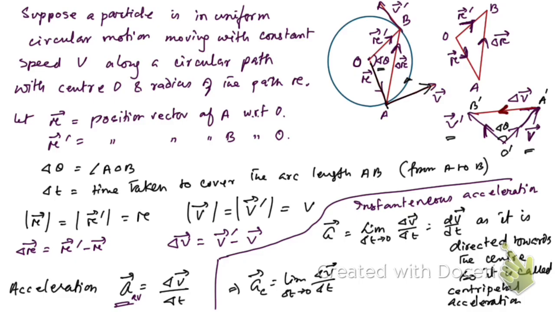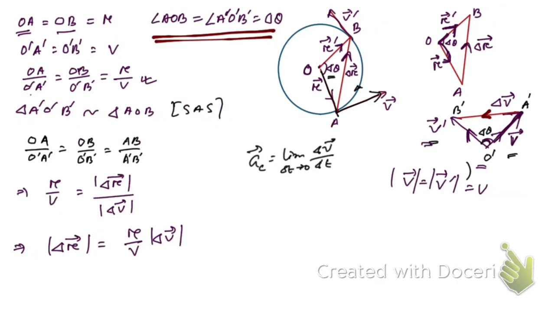Now let me copy this expression and let me go to the next slide. Here you see this is the expression for instantaneous acceleration, right? Let me take this as equation number 1. Now you see what we're going to do. Let us divide this equation both sides by del t, and take the limit on both sides.